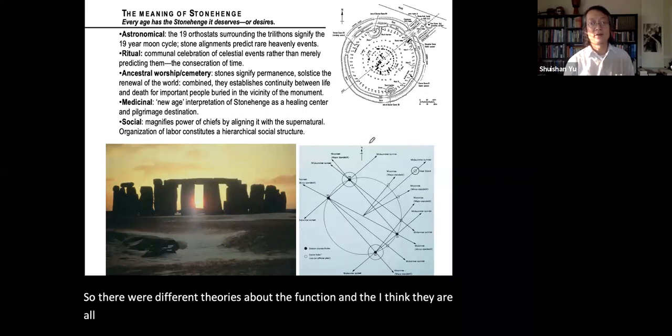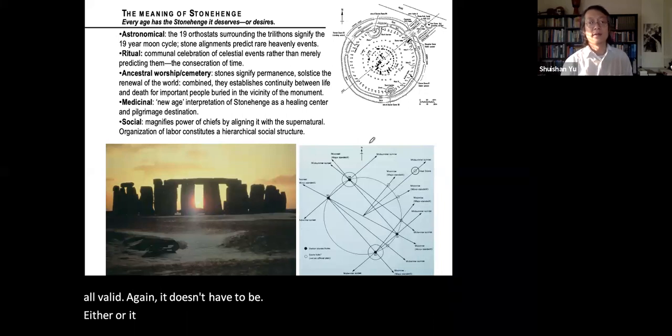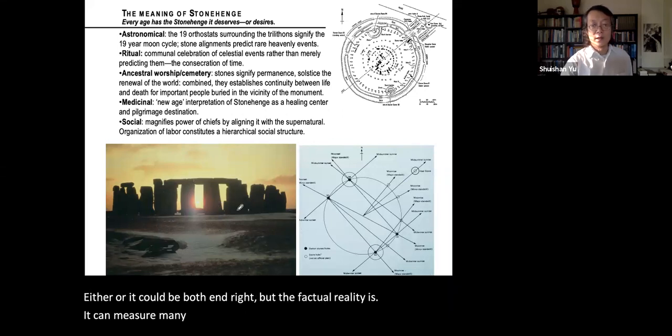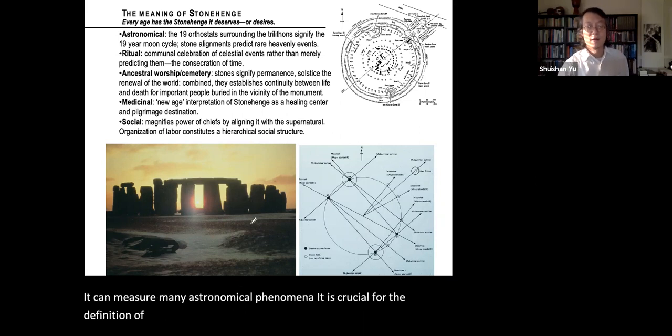Again, it doesn't have to be either or. It could be both and, right? But the factual reality is, it can measure many astronomical phenomena. It is crucial for the definition of time and space for a settled community.